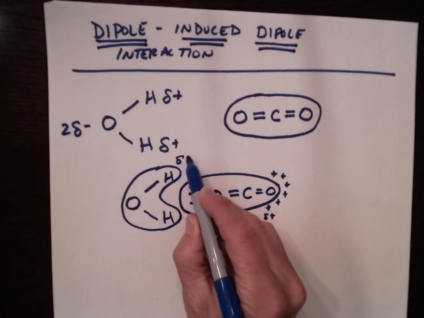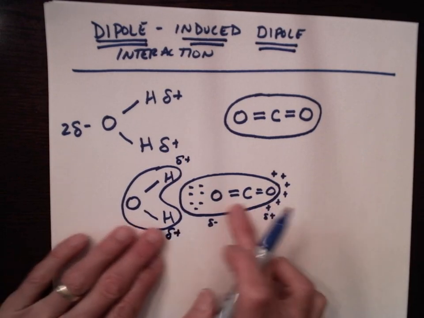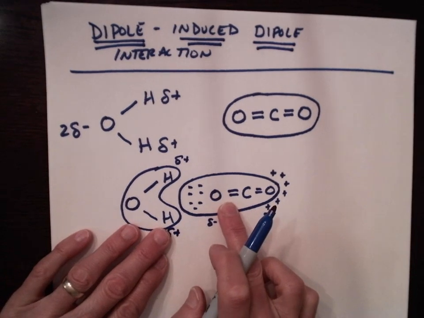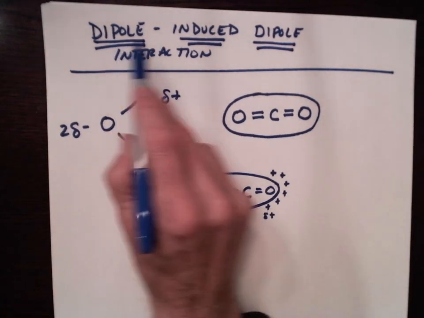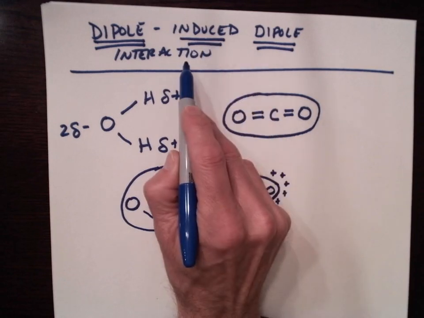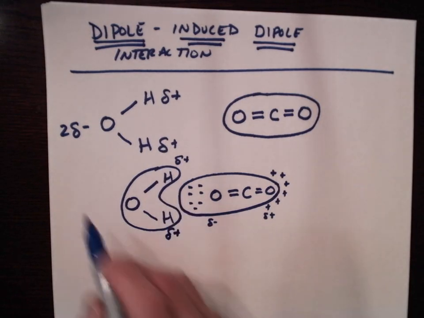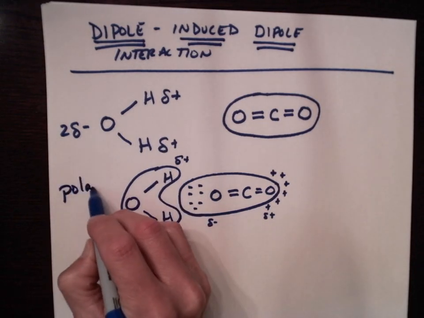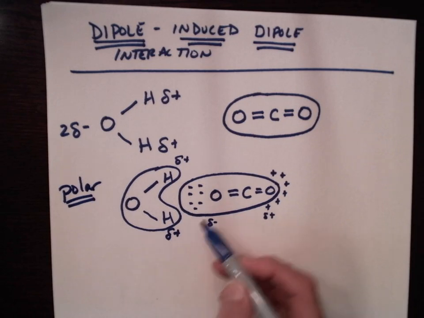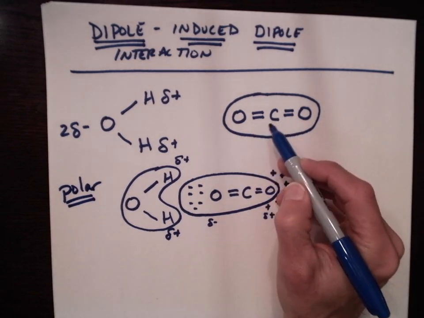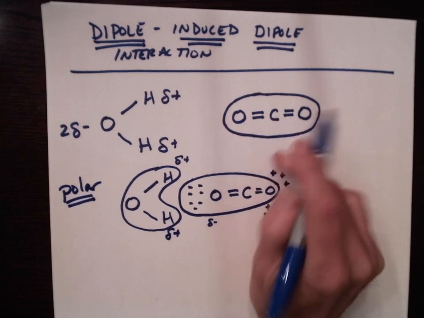Because we know this is positive here, partially positive. And now that this is partially negative, there can be an attraction here. So this is the basis of the dipole-induced dipole interaction, where a molecule that contains a dipole, which we call polar, is going to induce or cause a dipole moment in a molecule that doesn't have, at the beginning, this dipole moment.